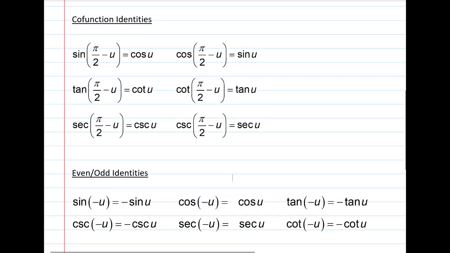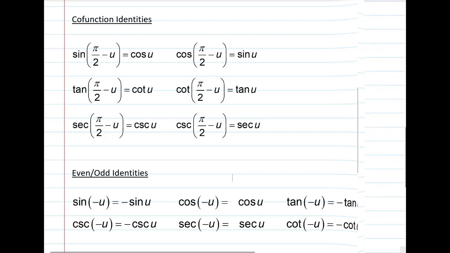And in this section, we will learn how to use the fundamental identities to evaluate trigonometric functions, to simplify trigonometric expressions, and moving forward, we'll also develop additional trigonometric identities and ultimately solve trigonometric equations as well.